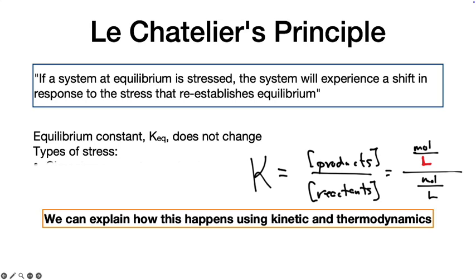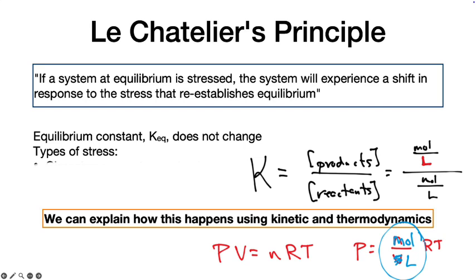And now we got to stew on that one. What do you mean pressure? Pressure can't be represented as a concentration, right? PV equals nRT, remember? Pressure equals n over V times RT. What was n? What are the units on V? Liters. What is pressure representative of?